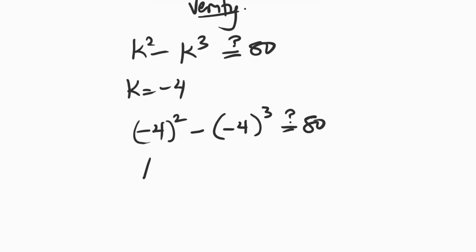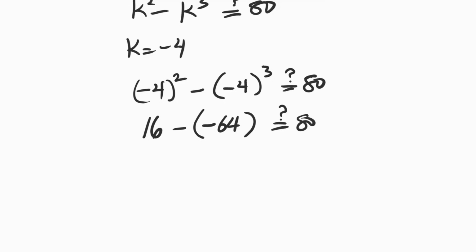Minus 4 squared is 16. Minus 4 cubed: 4 times 4 times 4 is 64. Minus times minus is plus. Plus times minus is minus. Now, minus times minus will give us plus.